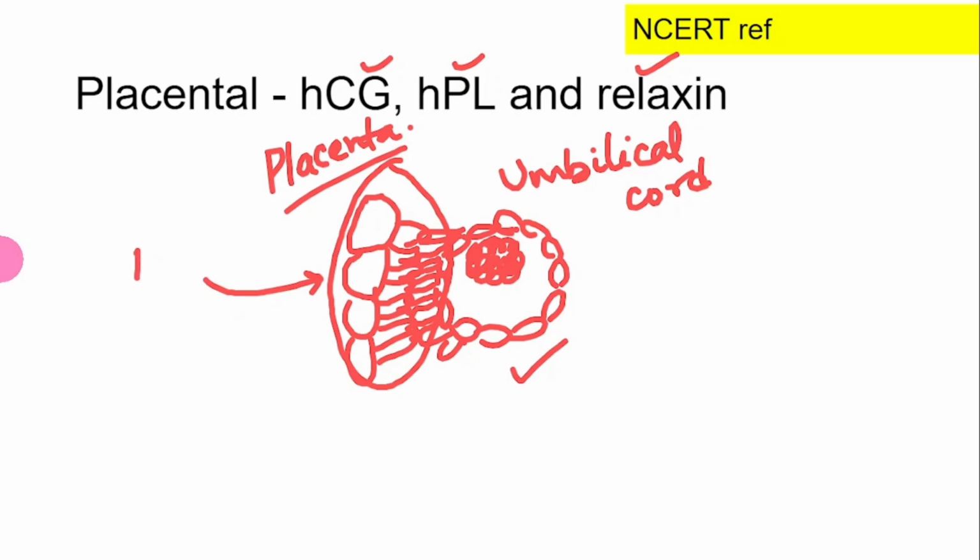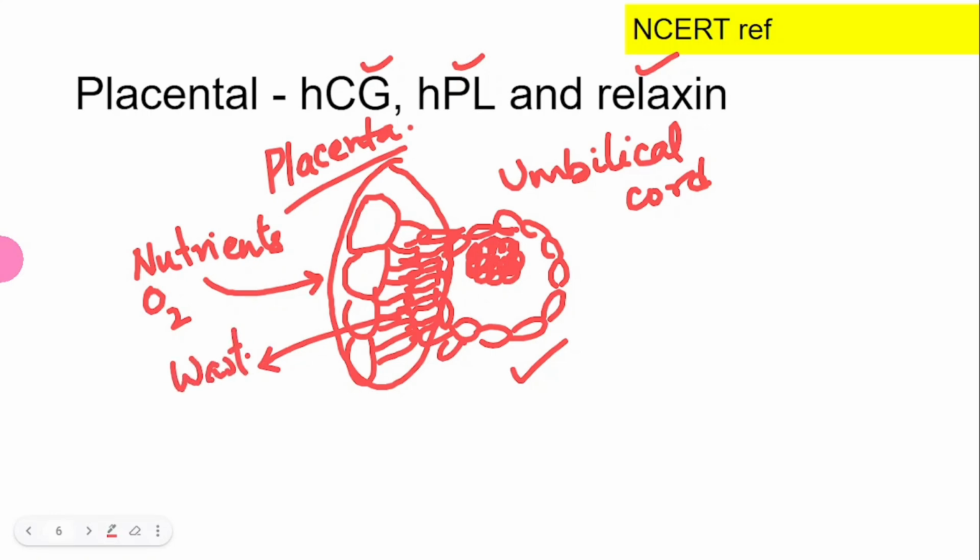So nutrients and oxygen will enter in, and all the waste, that means the excretory waste and gaseous waste, which is CO2, will be taken out. So placenta plays a very important role. In addition to this, placenta also plays an important role in producing hormones.